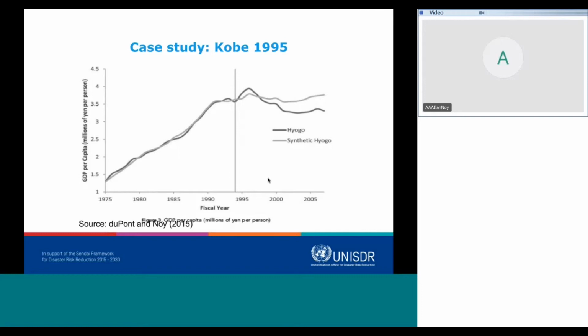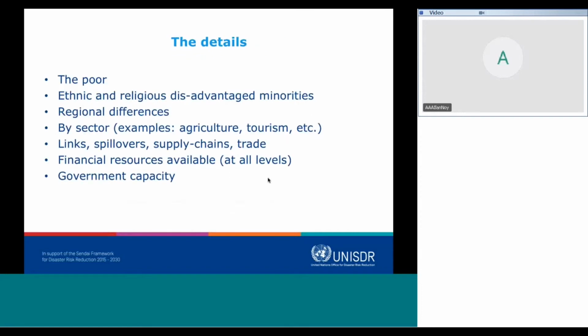Then, of course, we understand that the impact on Kobe is that much higher than the immediate loss of stock of housing and the mortality and the morbidity, most of which, at least in terms of the housing, was rebuilt within 3-4 years after the event. So the point we are saying is one needs to focus not only on the stocks, but focus on the flows as well, focus on the short term and what happens in the long term.